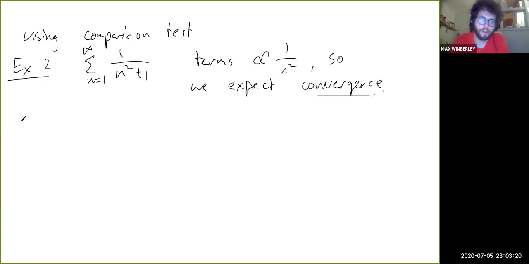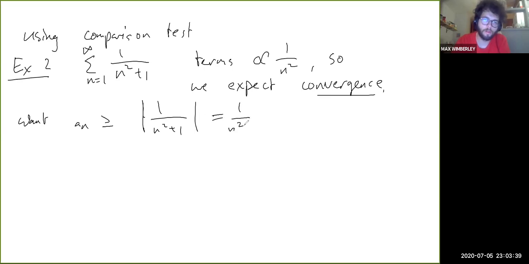So now what we want is another series whose terms are bigger than the absolute value of these, right? So we want a_n greater than or equal to the absolute value of 1 over n squared plus 1, which of course is just equal to 1 over n squared plus 1. So as long as a_n is bigger than 1 over n squared plus 1, we're good.